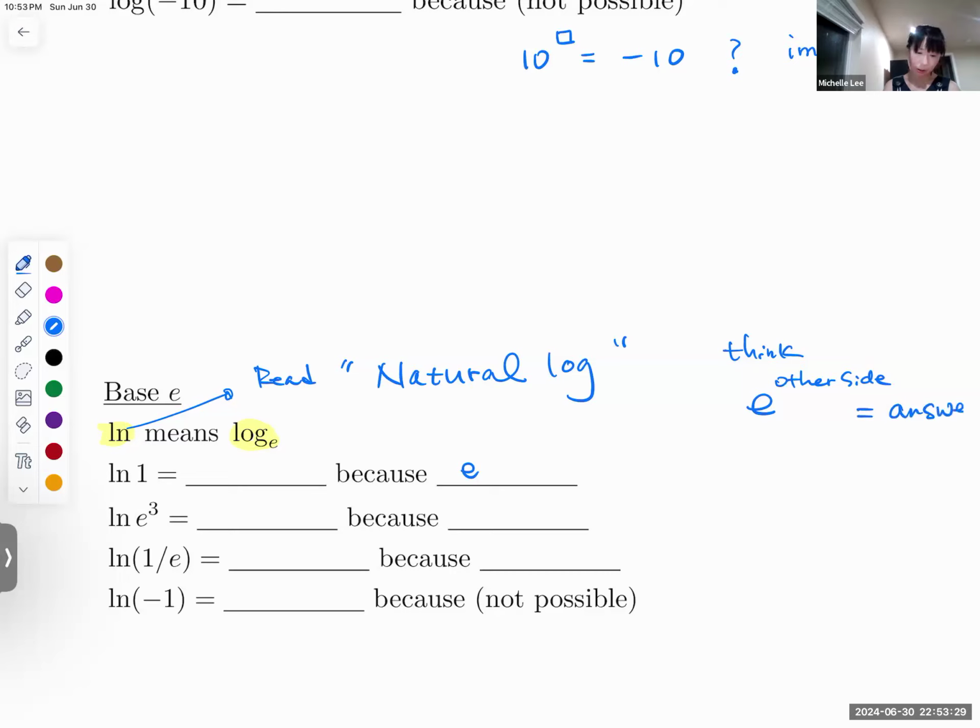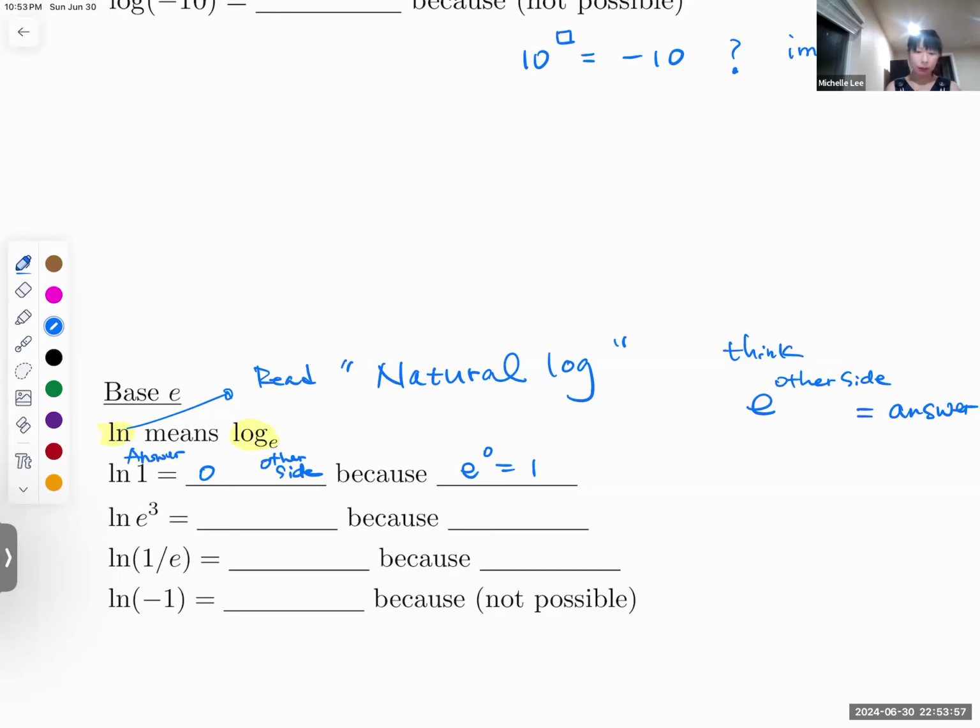This is the answer, and this is the other side. Okay, e to the 0 power is 1, right? So there will be 0.